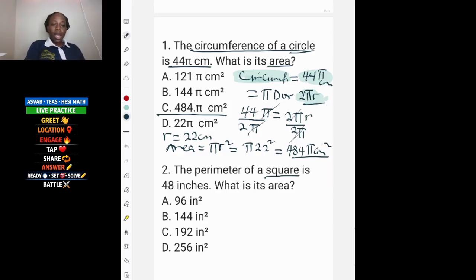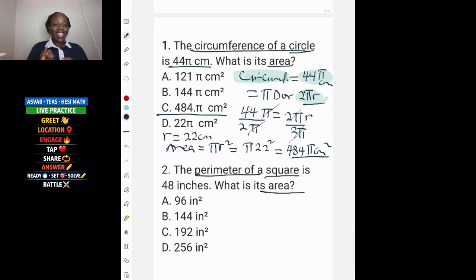Square, same side. The 4 sides are equal. A square has 4 equal sides. So that means when you have a square, you have your length, I mean the 4 lengths, which are equal. Now perimeter. What's the formula for finding perimeter? Perimeter is length plus width plus length plus width.